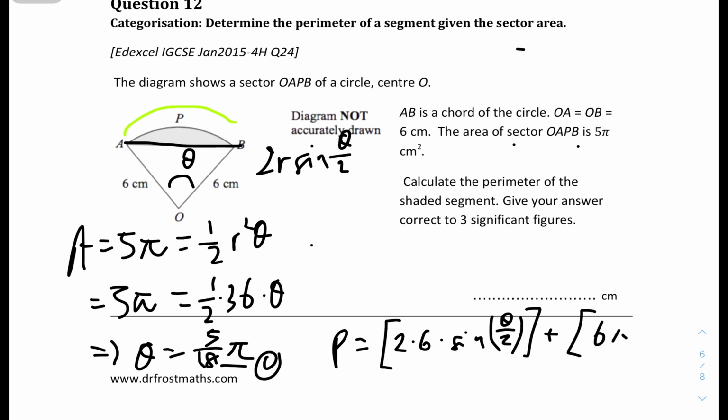Just use this value in theta, and you get a final answer of 10.3 cm for the perimeter, and that's the answer.